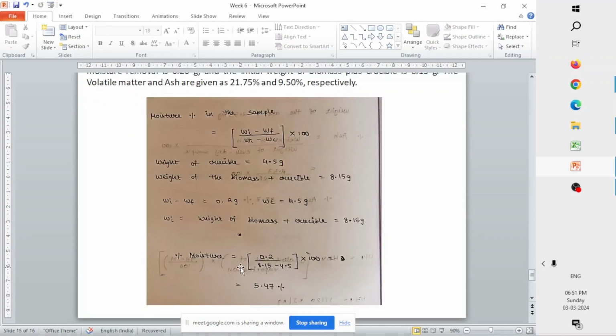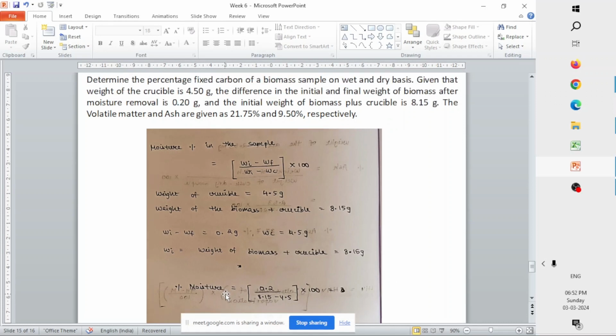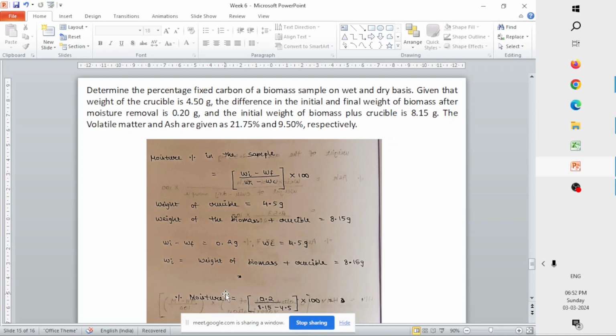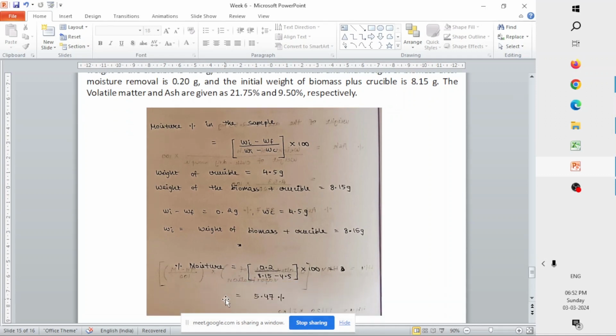So 0.2 divided by (8.15 minus 4.5) into 100 will be your moisture percentage. 8.15 minus 4.5 is around 3.65. 0.2 divided by 3.65 will be 0.05479. That into 100 will be 5.47 percent. So the moisture content present in your sample is 5.47 percent.